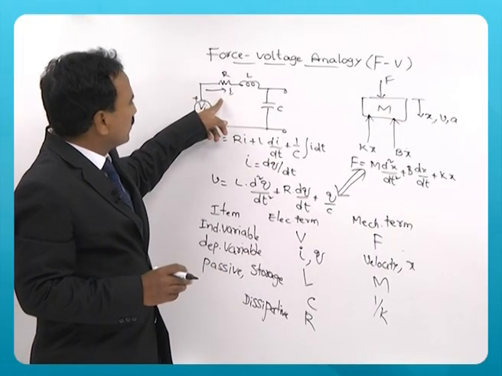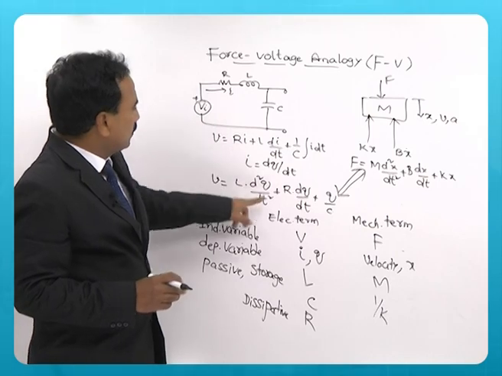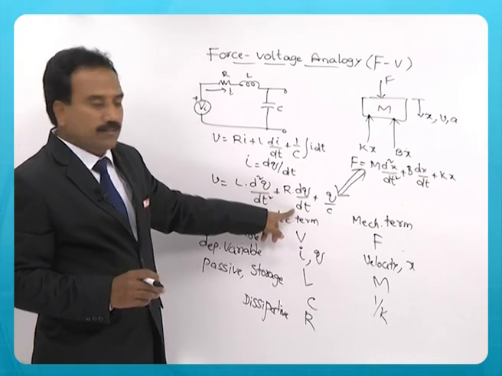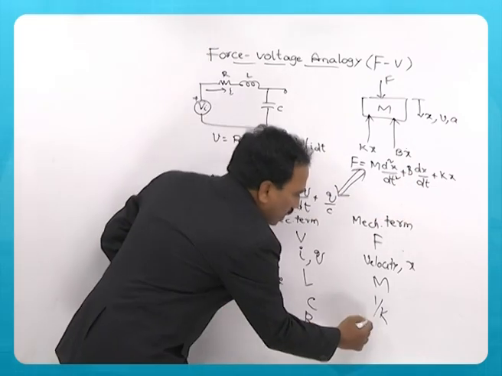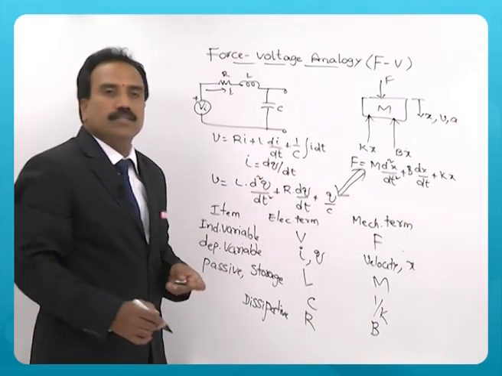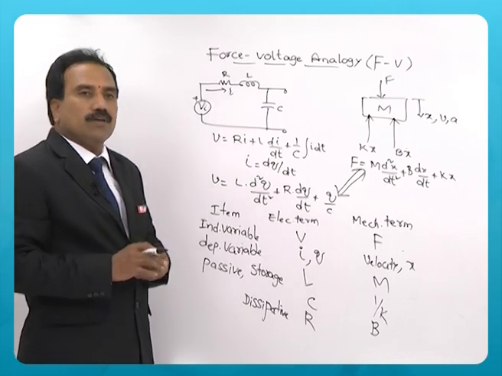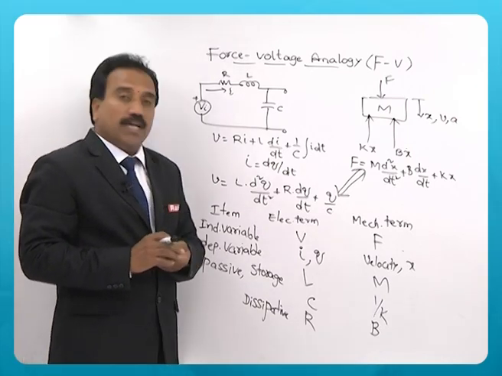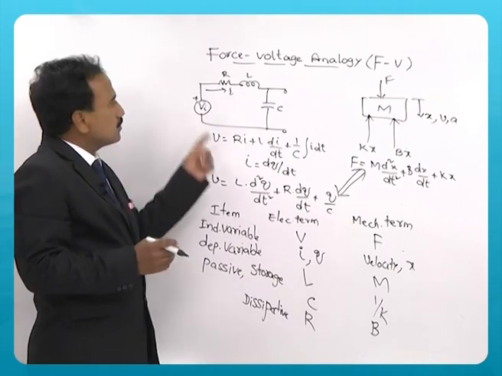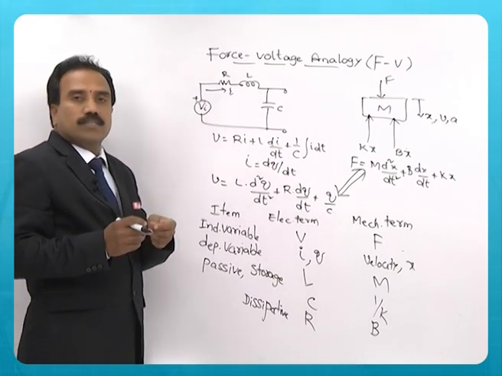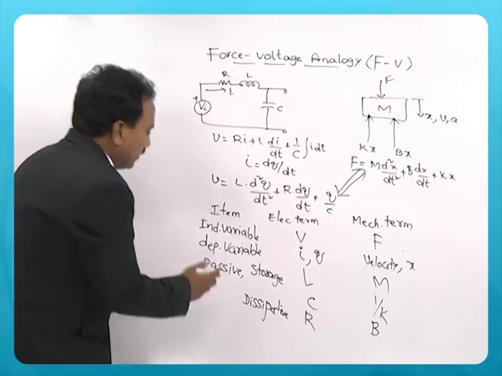So, resistance in electrical system, you can see here R dq by dt, here B dx by dt. So, the dash part or the friction component is the corresponding analogous term in mechanical system. Now, what is the law that is associated to write equations in electrical system?